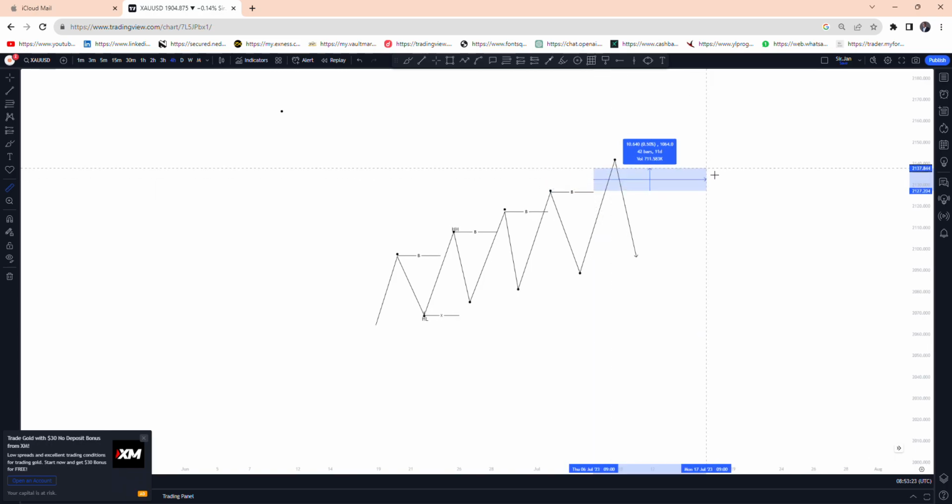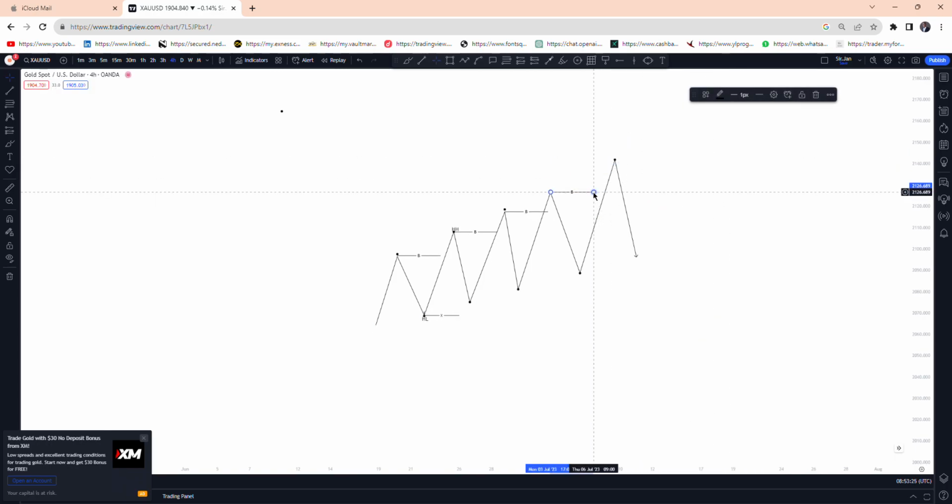But here's the rule. This area never becomes a higher low until this becomes a breaker of structure. So it cannot become a low until this becomes a breaker of structure.